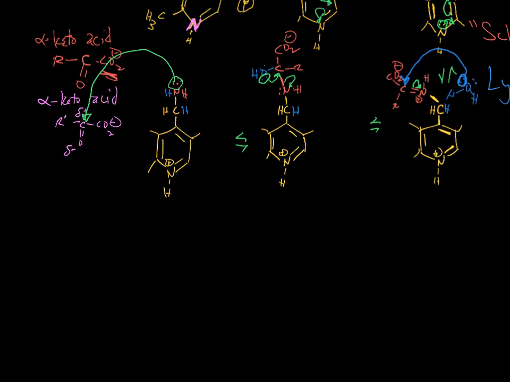Okay, and the double bond will come out, and it's going to take a hydrogen. I'm just going to show it. It can take it from a general acid, but it's going to make an alcohol right there, just like it was an alcohol before, right here. See, it was an alcohol. Essentially, it's a reversal of what we just saw. It's just that it's a different amino acid that's going to be forming.